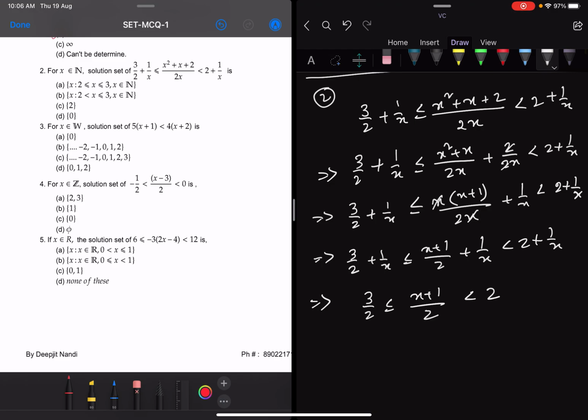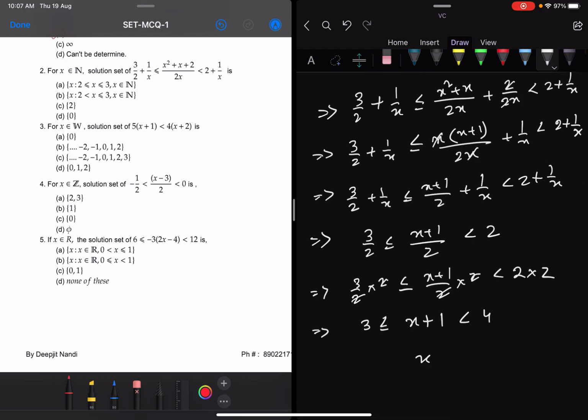Now if we multiply the whole system by 2, 3 by 2 into 2 less than or equal to x plus 1 by 2 into 2 less than 2 into 2. That means the 2s cancel out, it's 3 less than or equal to x plus 1 less than 4.